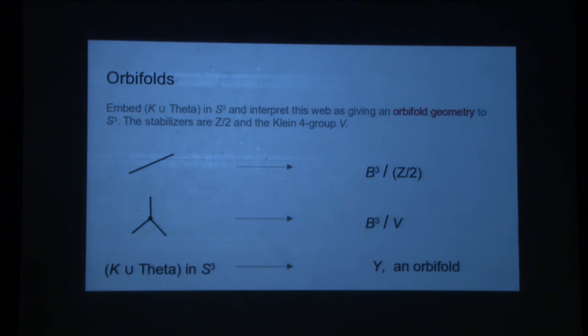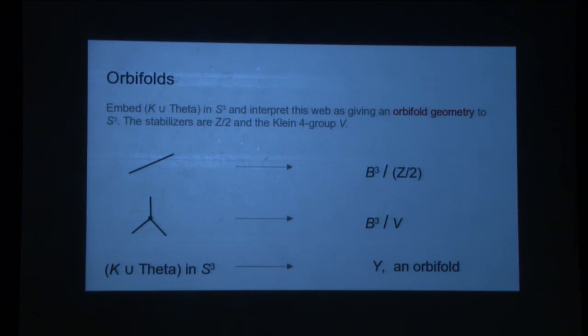The other technical move here is that we don't really know how to do gauge theory very well on the complement of a graph in 3-space. For this reason, it's very handy to pass, as is fairly standard in other aspects of 3-manifold topology, from this embedded web or graph in a 3-manifold to thinking of an orbifold geometry, where the web now represents the points with non-trivial stabilizer in the orbifold.